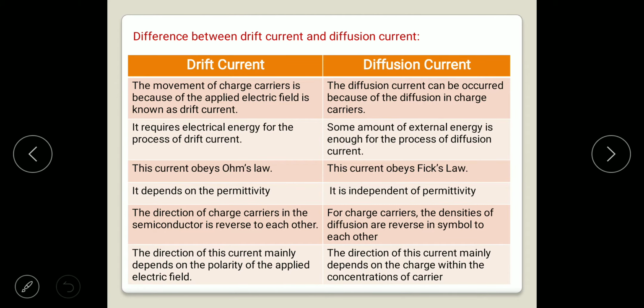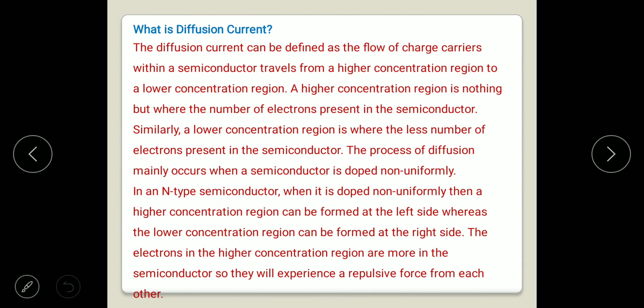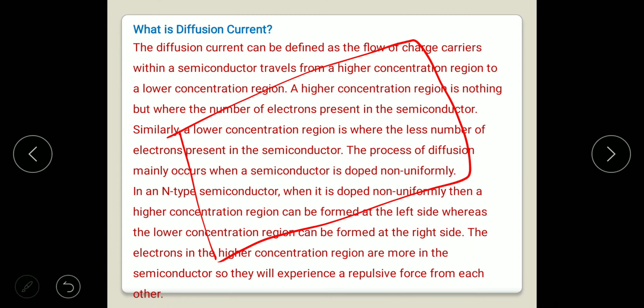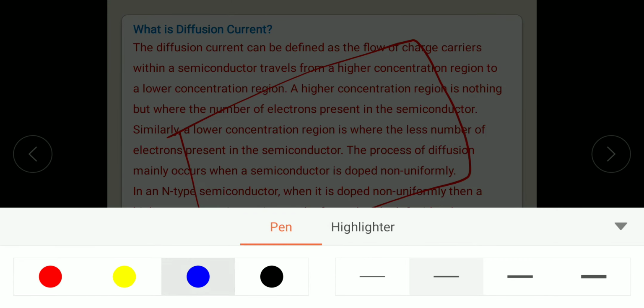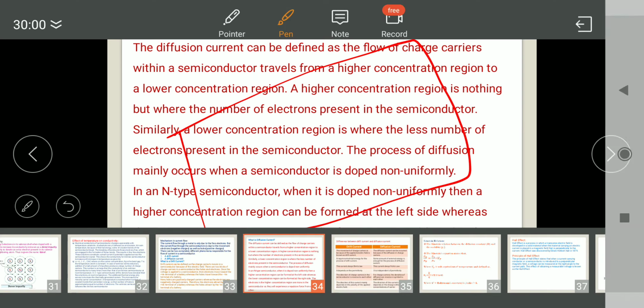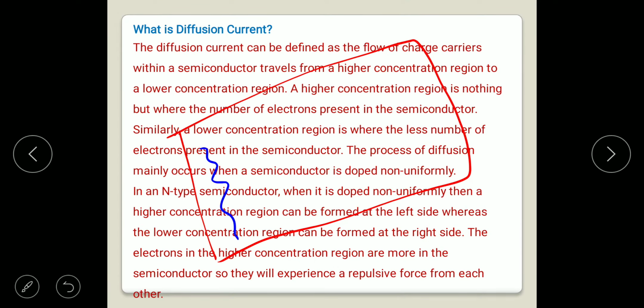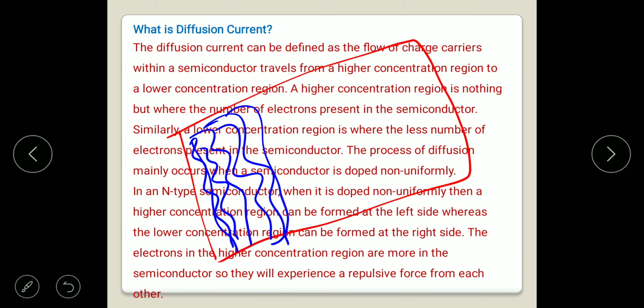So, if you want to see the diffusion current, see here, this is the higher concentration level. Higher concentration level means this is the left side, and a greater number of electrons are present here.